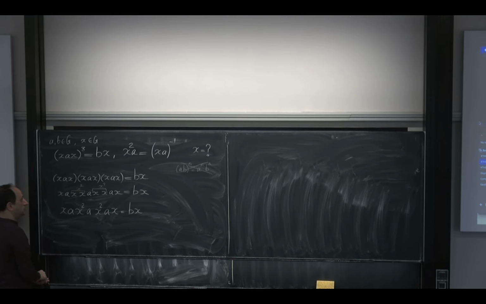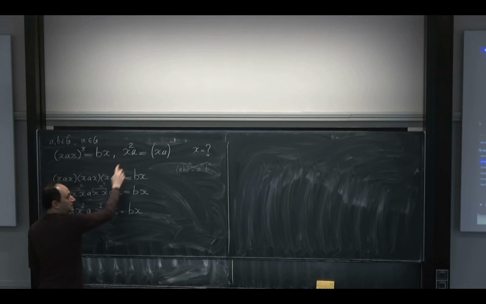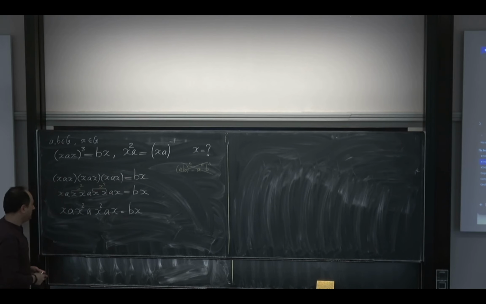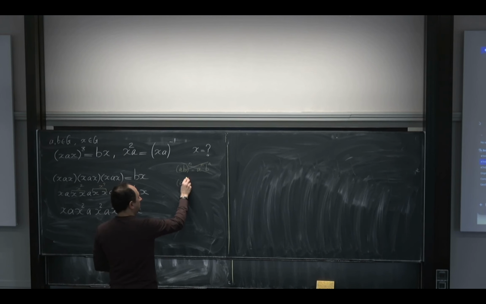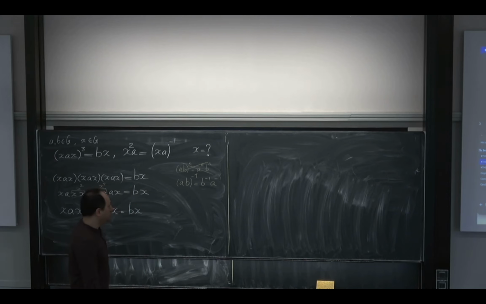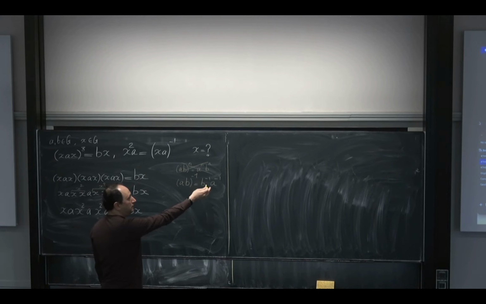But then you see that you know something about this combination X^2 A that appears here. We also have a rule that we learned during the lesson, the socks and shoes theorem. If I want to take the inverse of a product, I can take the individual inverses, but I have to change the order.